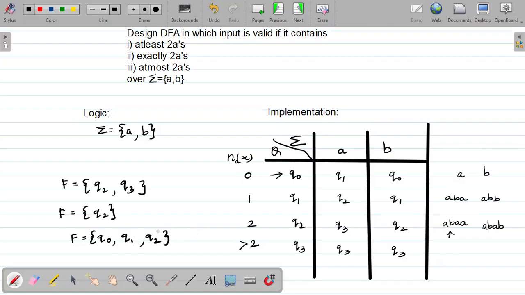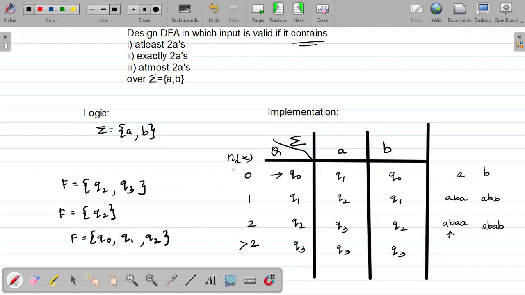So at least 2 a's gives Q2 and Q3, exactly 2 a's gives Q2, and at most gives 0, 1 and 2.